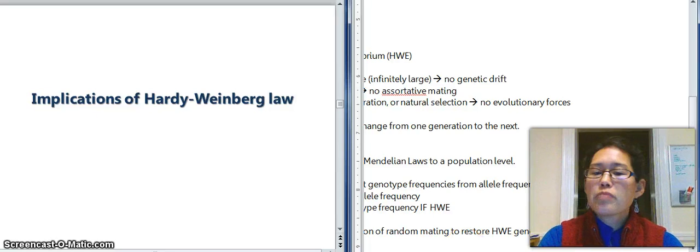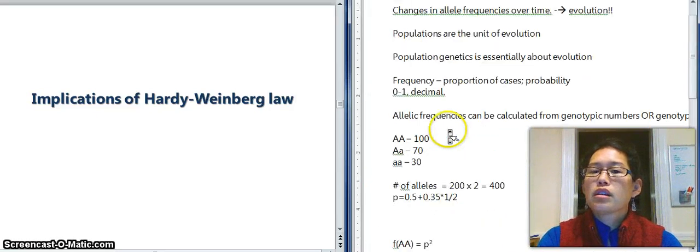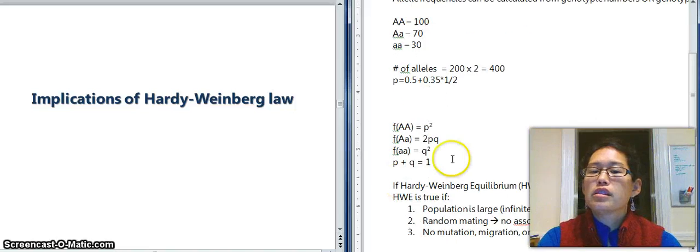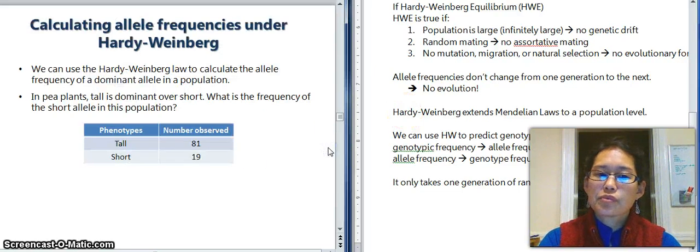So Hardy-Weinberg is really about these genotype frequencies. Hardy-Weinberg is only about genotype frequencies. It says less about allelic frequencies. Okay.